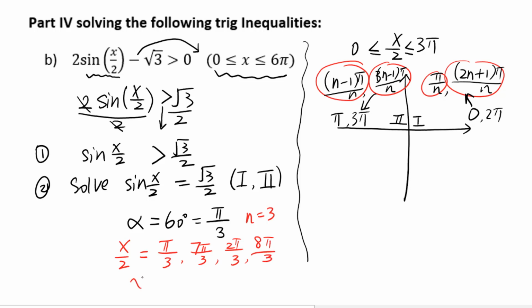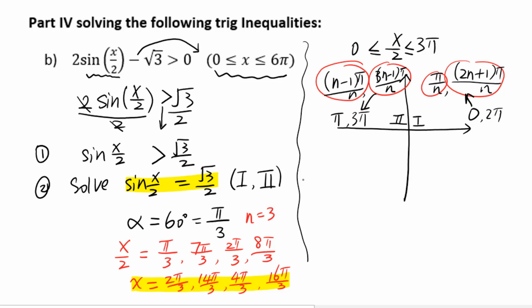Multiply by 2, you will get x equals 2 pi over 3, 14 pi over 3, 4 pi over 3, and 16 pi over 3. This is the solution to this equation.